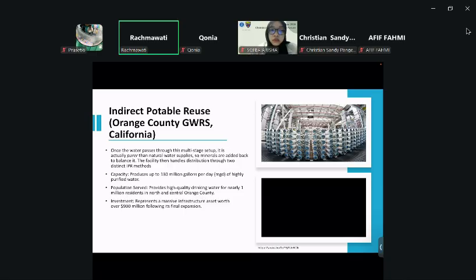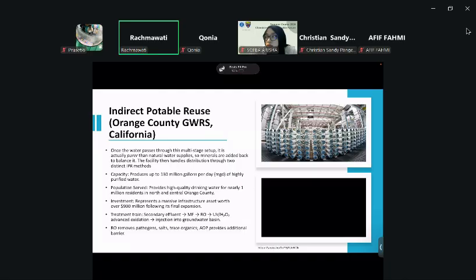The investment itself is quite large, $900 million. There is also a treatment train: secondary effluent, microfiltration, reverse osmosis, and also applying UV, peroxide, advanced oxidation, and also injection into the groundwater basin.